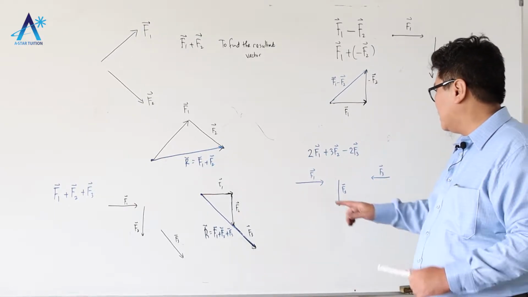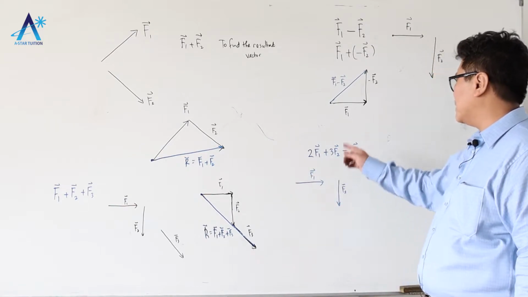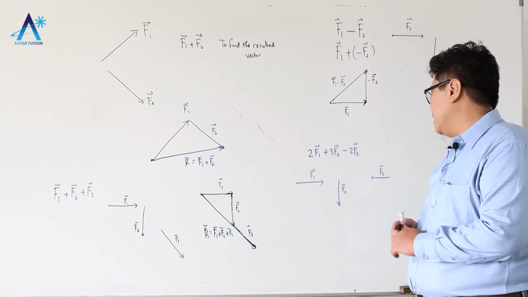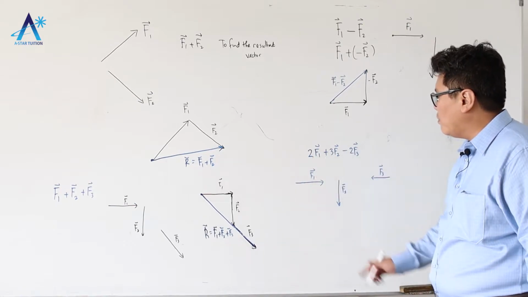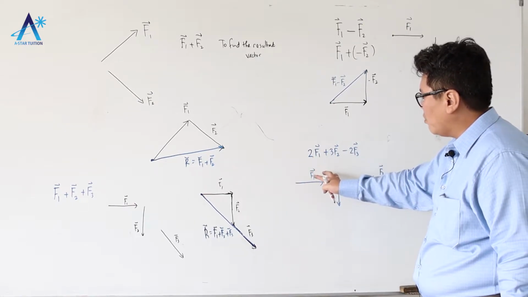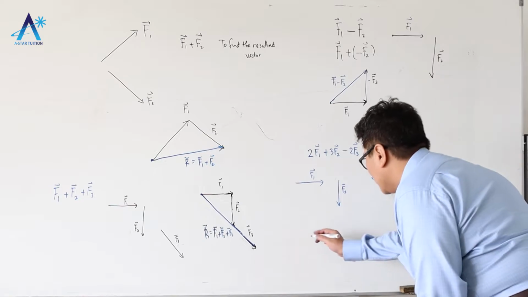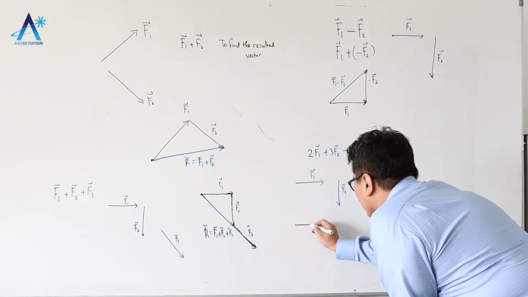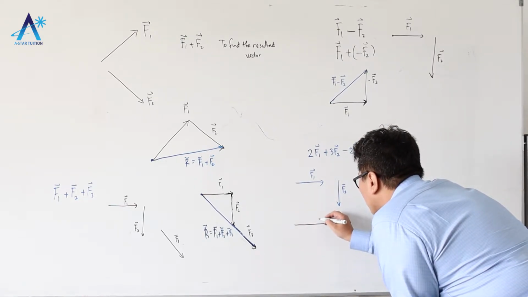Now let's add these 3 vectors, 2f1 plus 3f2 minus 2f3. So 2f1 means that the vector is twice the magnitude of f1 but in the same direction. So let's draw it like this. So this is 2f1.